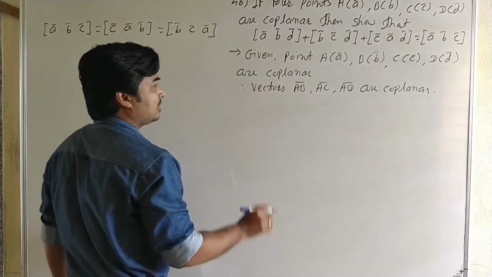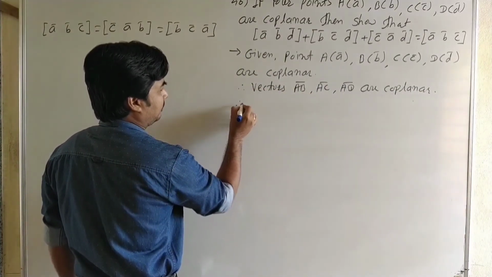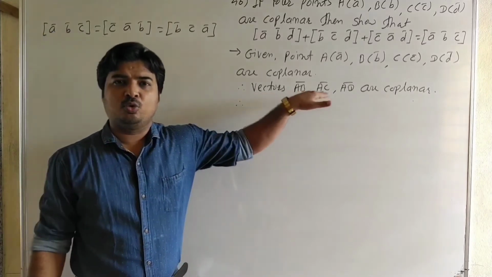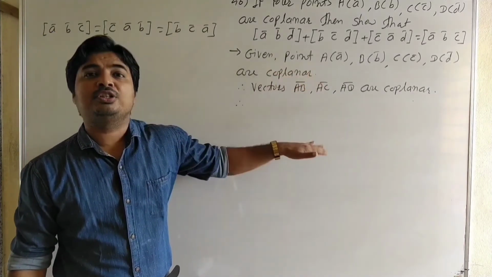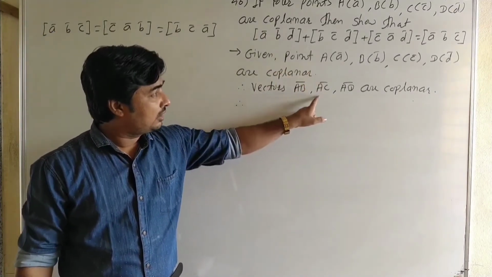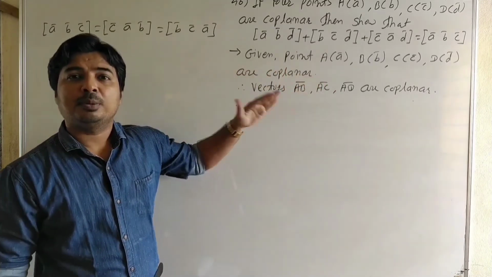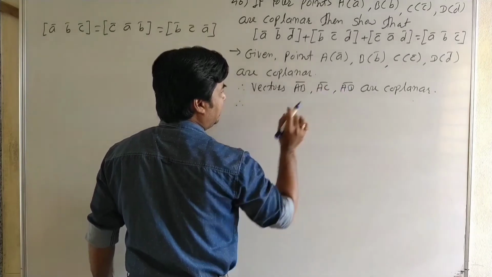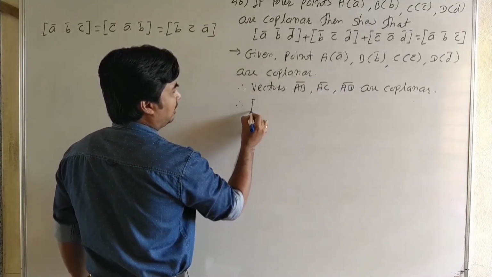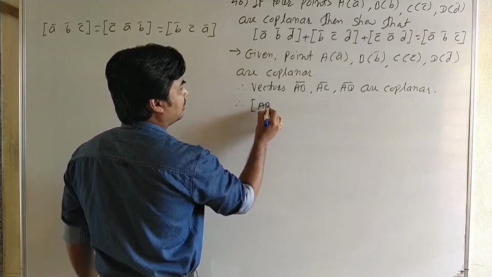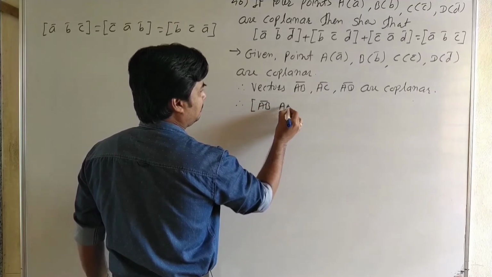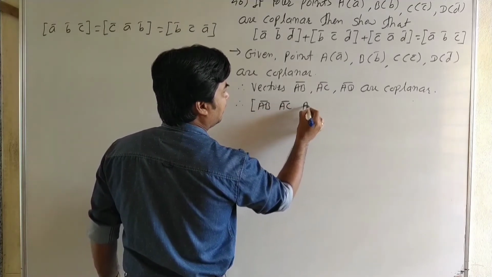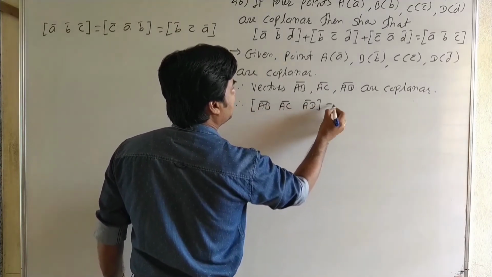Vectors are coplanar, and we know that if three vectors are coplanar then their triple product is 0. So the triple product of vectors AB, AC and AD is 0. Therefore we can write triple product of vectors AB, AC and AD is equal to 0.